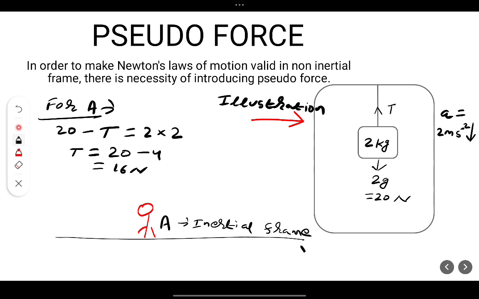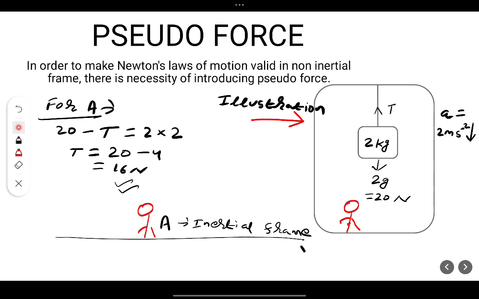Now if you put the same thing in a non-inertial frame, meaning a person who is standing on this elevator and observing this phenomenon, what will you feel?